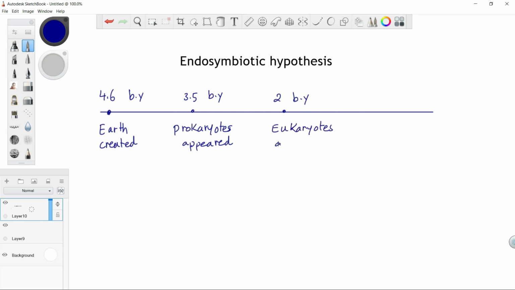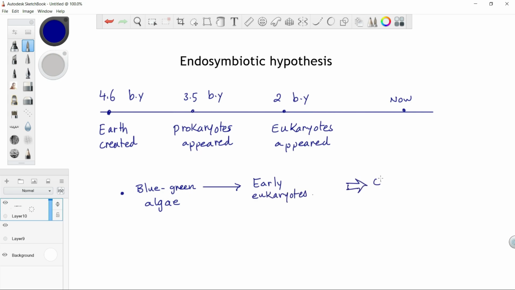ago, eukaryotic cells appeared. This theory, which is called the endosymbiotic relationship or endosymbiotic hypothesis, assumed that blue-green algae entered into a symbiotic arrangement with early eukaryotic cells to develop into chloroplasts. In the same way, other ancestral prokaryotic cells entered into a similar arrangement with the precursors of eukaryotic cells to become mitochondria.